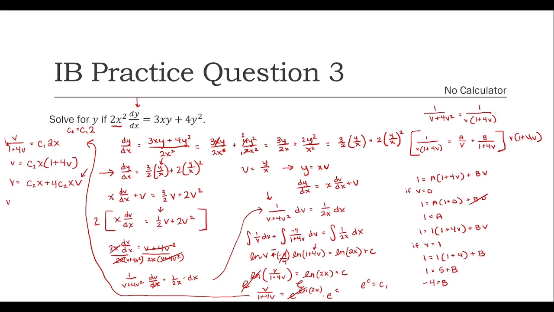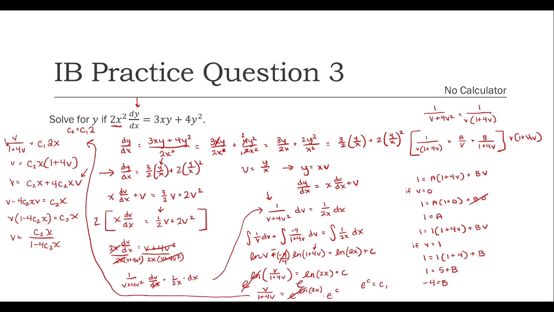So we have v minus 4C2xv equals C2x. We can factor out a v to get v times (1 minus 4C2x) equals C2x. So v equals C2x over (1 minus 4C2x).